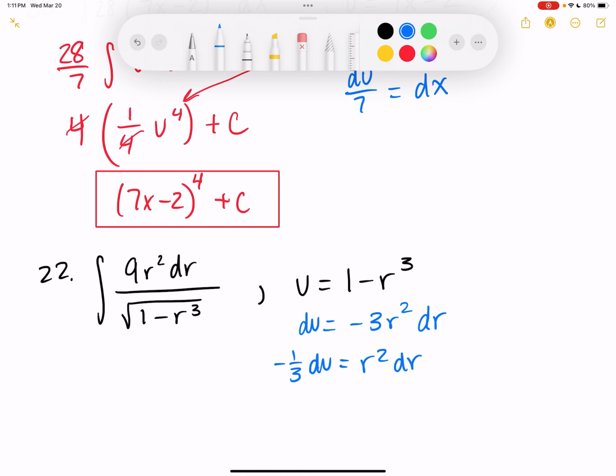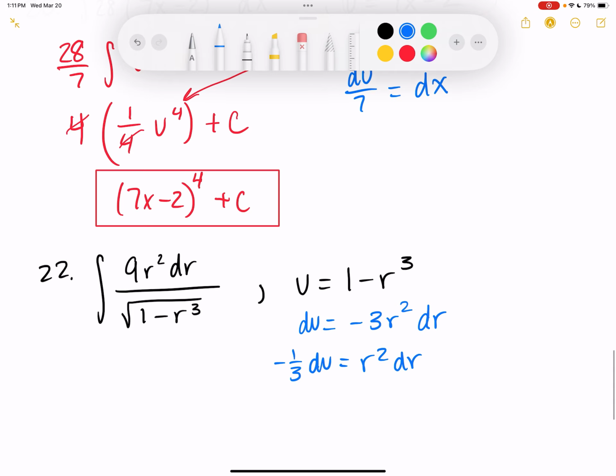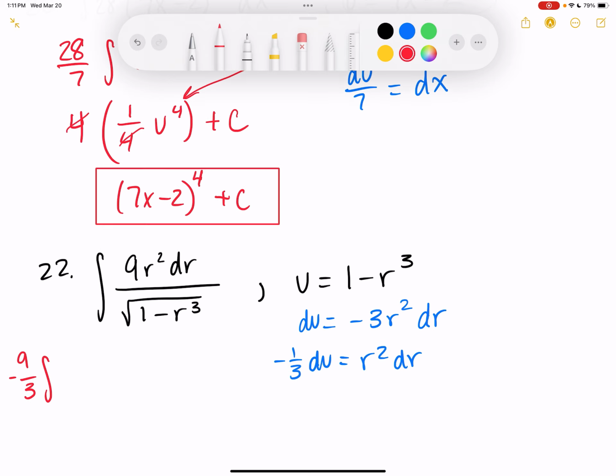Now, would you agree that this 9 up here is just a constant, so I can pull it out front? So I'm going to have the integral of 9, and it's going to be negative, over 3, so that's this part, times 1 over the square root of u du.